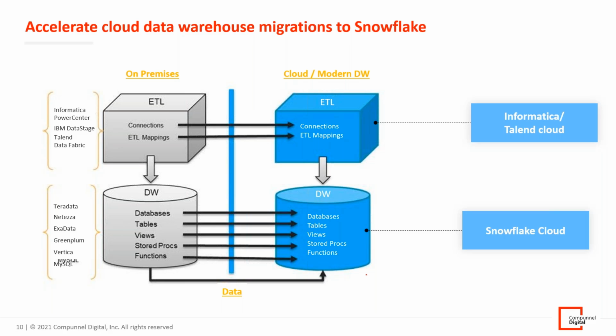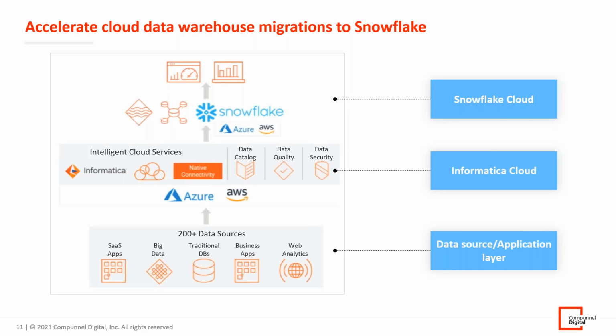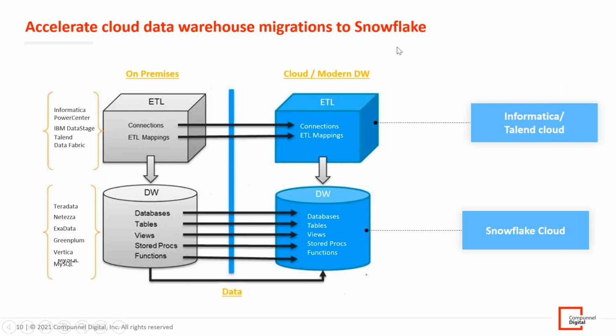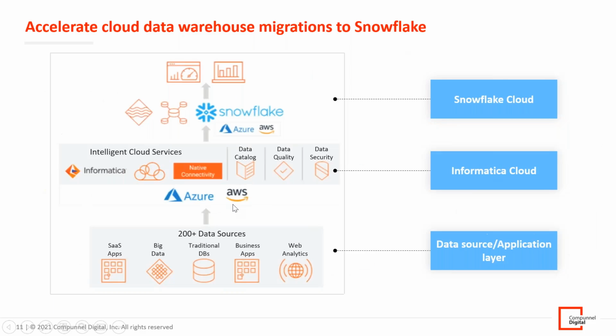Let us move to the next one. In the next slide, you might wonder what this ETL piece will do, what this cloud is, how it deals with targets, and what cloud means. For example, here I mentioned Informatica, not Talend.